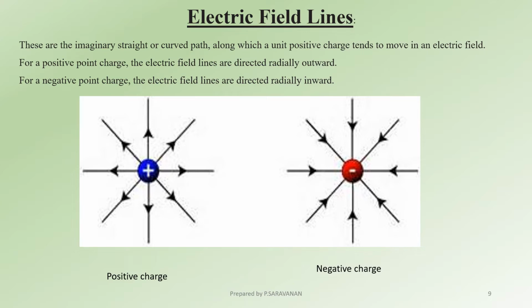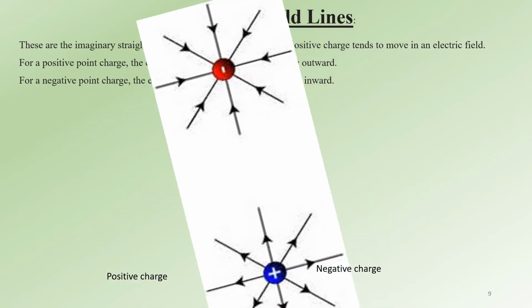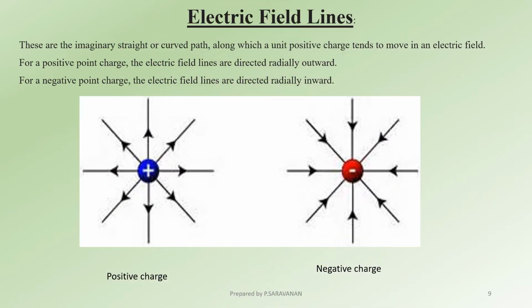Similarly, in the second picture, you can see a negative charge is placed at the center. Due to the symmetry of this charge, the electric field surrounding the negative charge also will be spherical in nature. What will happen if a test charge of +1 coulomb is placed at a point inside its field?